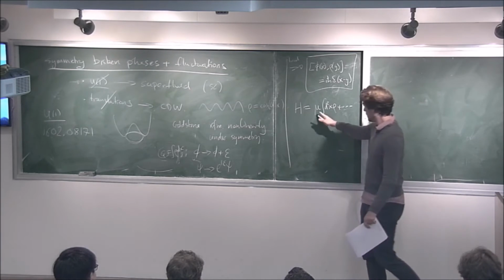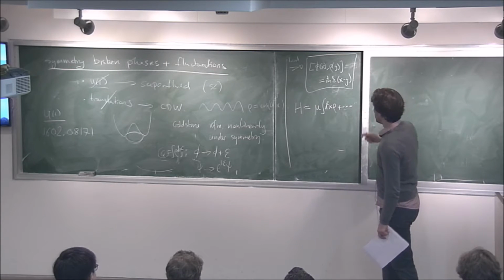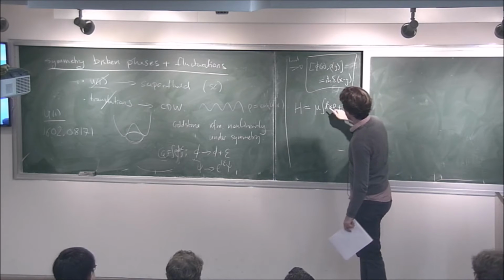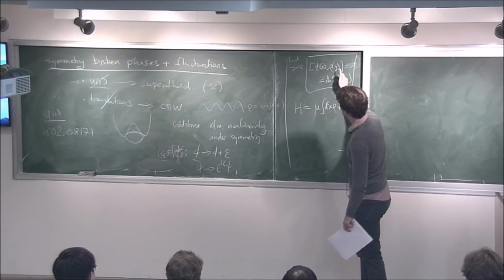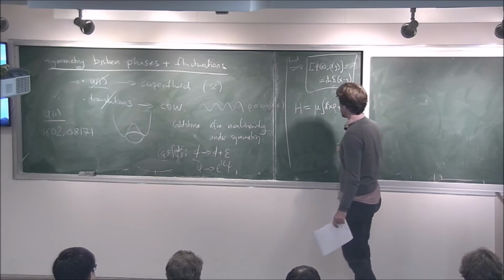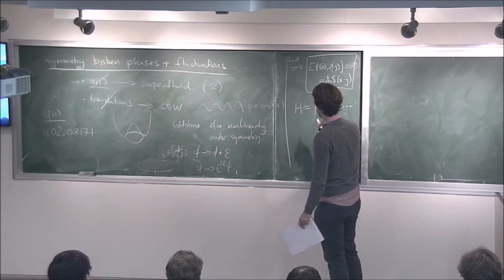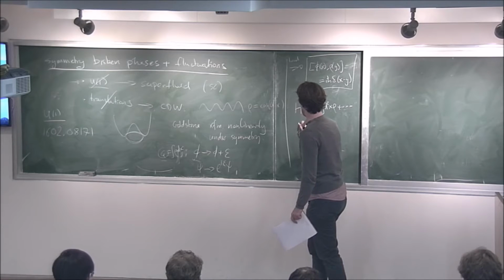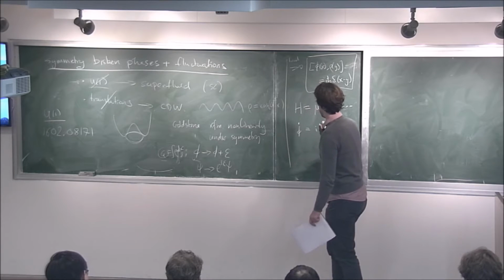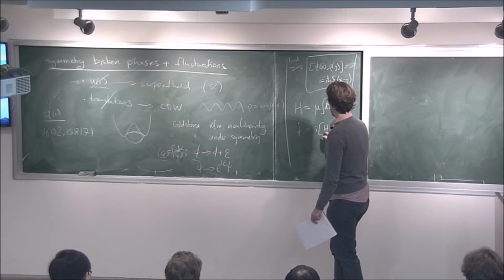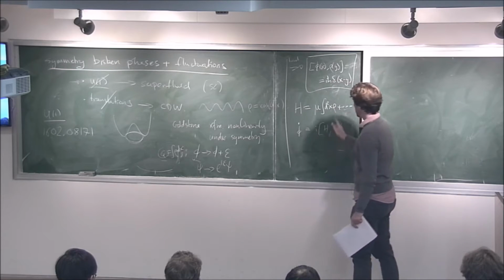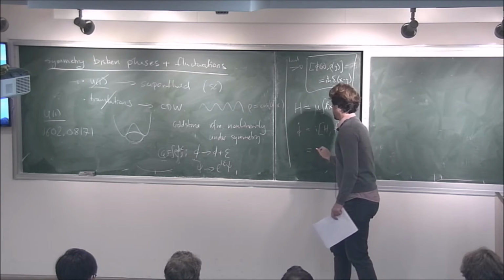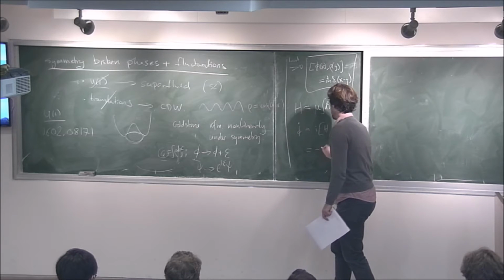So this is how the charge appears. Now we can combine this with the equation of motion, and we're going to get that phi dot, up to some factors of i and signs that I'll surely get wrong, is the commutator of h with phi, which, if you're careful with the signs, is minus mu.